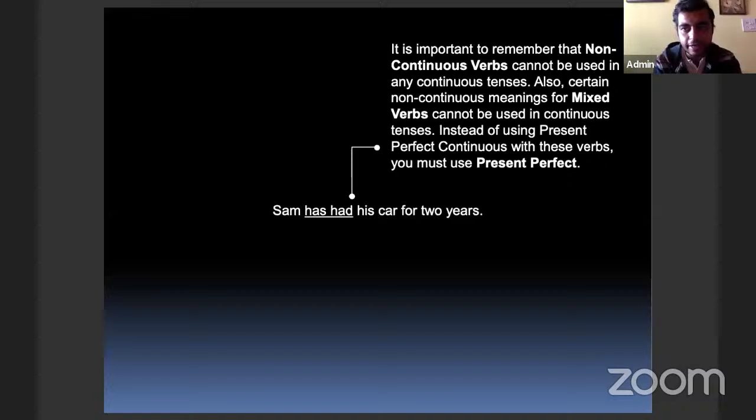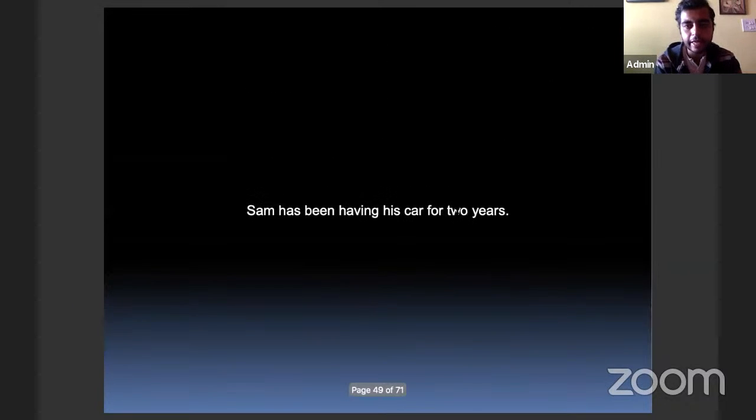Again, guys, remember this. You cannot use continuous tenses to express non-continuous verbs. Instead of using present perfect continuous, use present perfect. Sam has had his car for 2 years. Again, we are coming to very simple things.